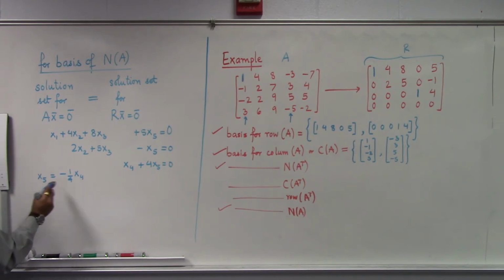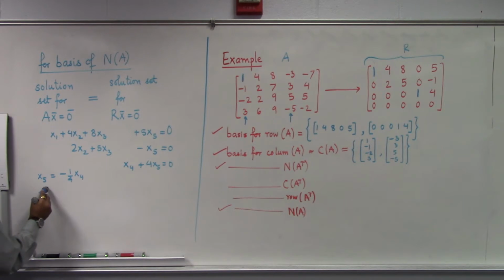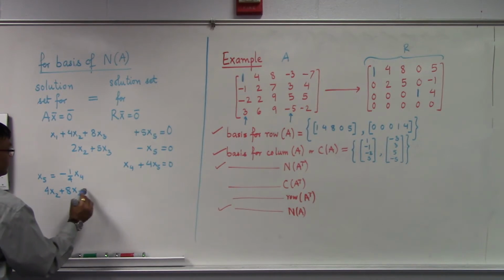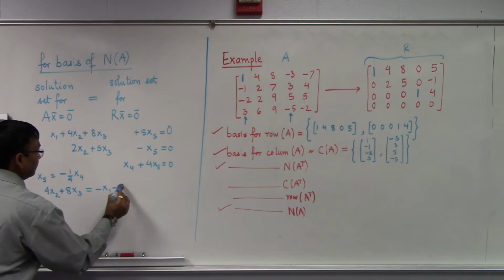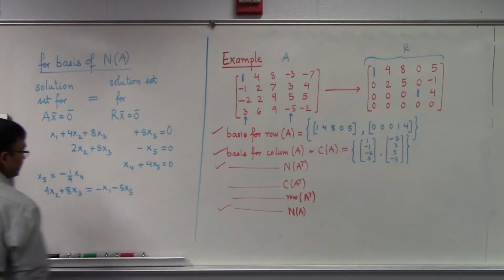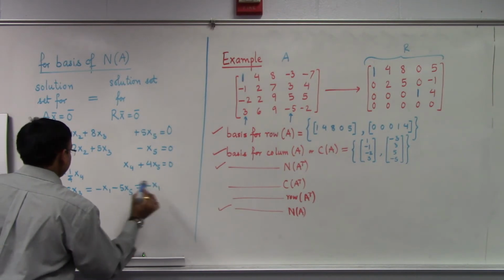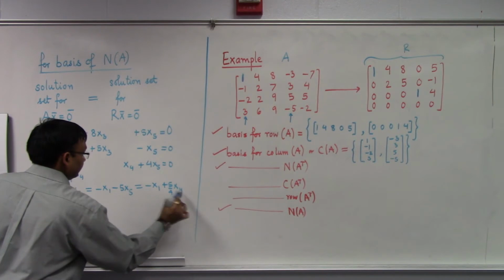Okay, so I got x5, then I will have everything in terms of it. 4x2 plus 8x3 is minus x1 minus 5x5, which is the same as saying it is minus x1 plus 5 over 4 x4.